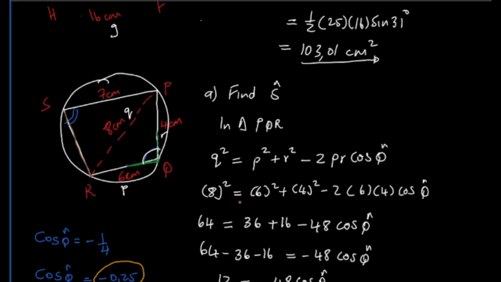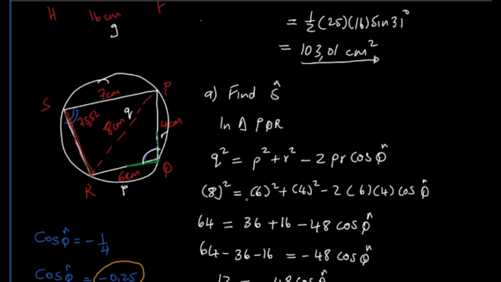What are we going to use? Because now we know that this angle here is 75.52. So we have two sides and one angle, and the angle is between those sides, which makes it an included angle. This is the cosine rule.